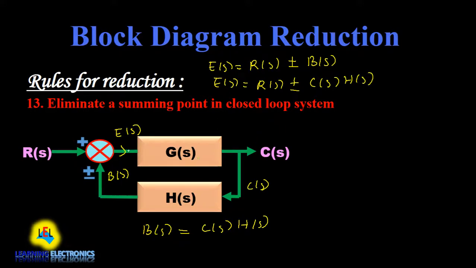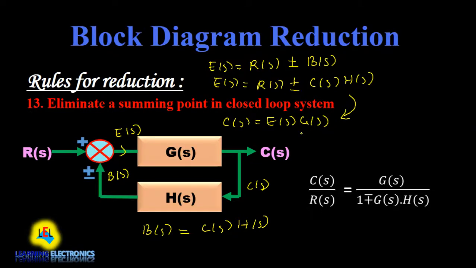Now E(s) is multiplied with G(s), which is equal to C(s). So C(s) is equal to E(s) into G(s). We put the value of E(s) in this equation, and we get this type of equation. The overall transfer function of this closed loop control system will be C(s) by R(s) is equal to G(s) divided by 1 minus plus G(s)H(s).